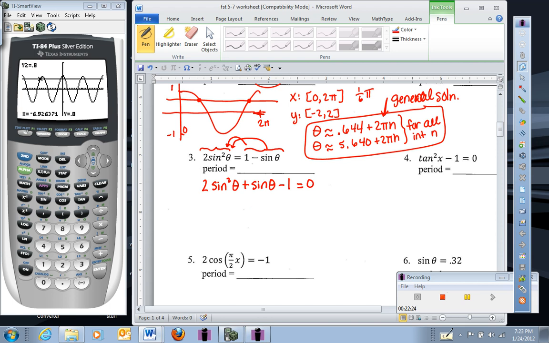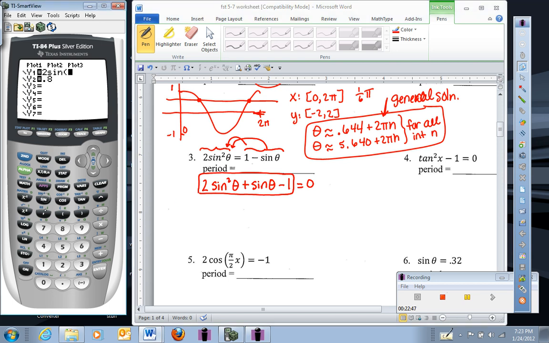Okay, now I can go over to my calculator and go to my y equals. And in my y equals, I'm going to put this side of my equation in the y1. So I'm going to type in 2 sine x, and then square it. I don't know if you remember this from the last time we worked with these, but there's no way to get the square right here by the word sine.